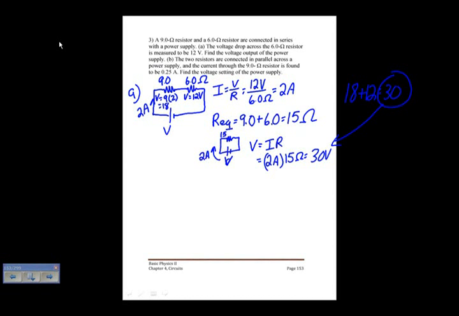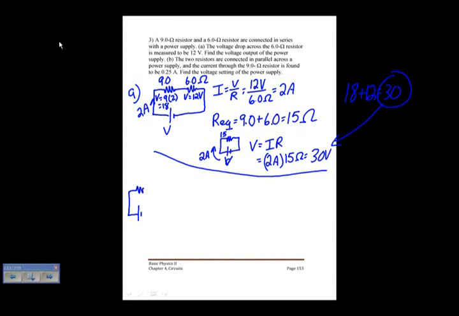Alright, now in the next part, we're supposed to find, it says the two resistors are connected in parallel across the power supply, and the current through the 9 ohm resistor is 0.25 amps. So let's just draw our circuit first. This is our power supply.